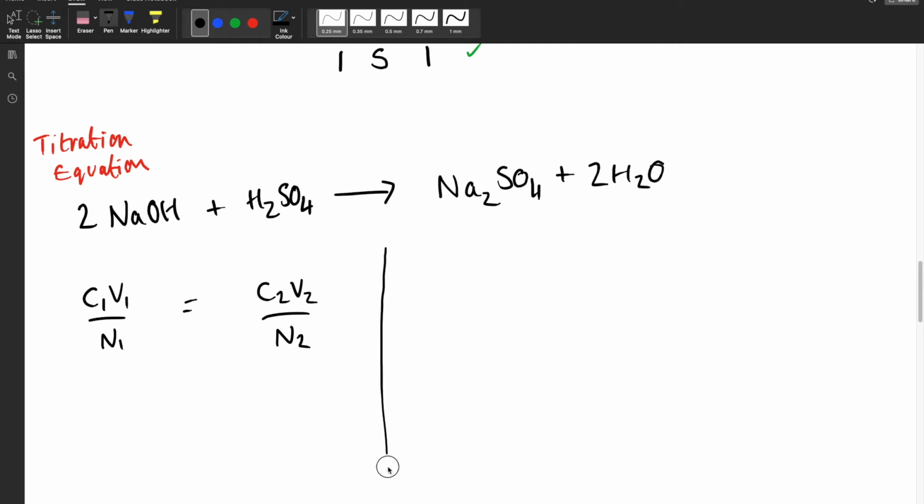I'm going to draw that line again. I'm going to write what all of our C, V's and N's are, and I'm going to colour code them again like I did last time. So C1 V1 N1, C2 V2 N2.